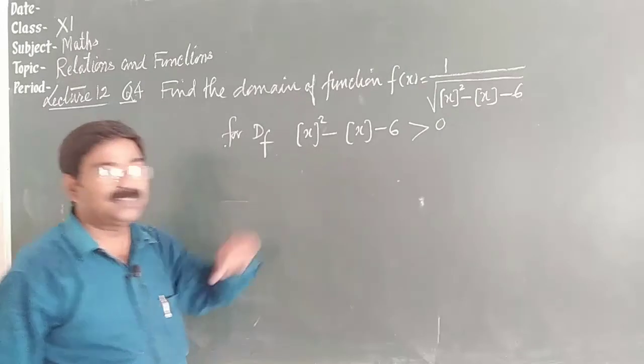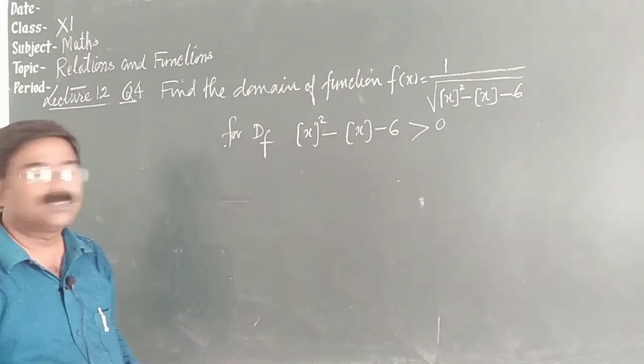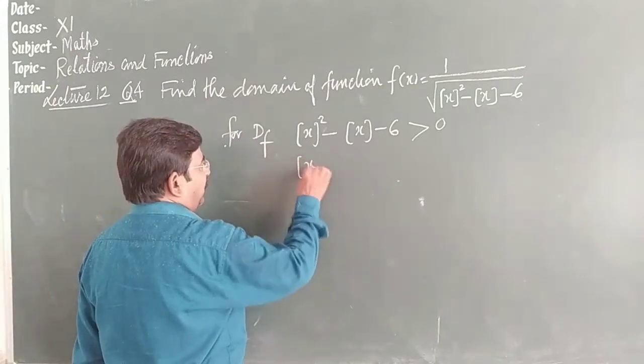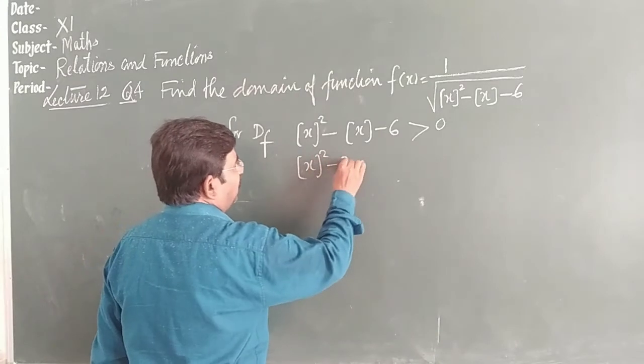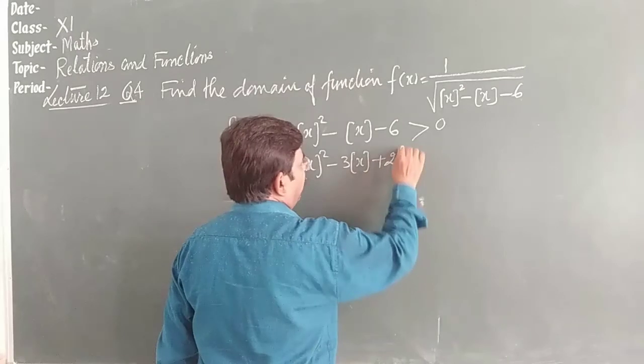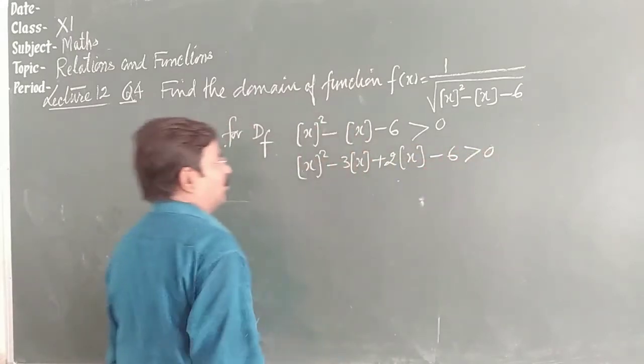Now let's solve this as a quadratic equation. 3 times 2 is 6 and 3 minus 2 is 1. So we have [x]² − 3[x] + 2[x] − 6 is more than 0.